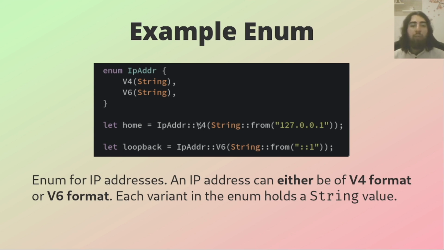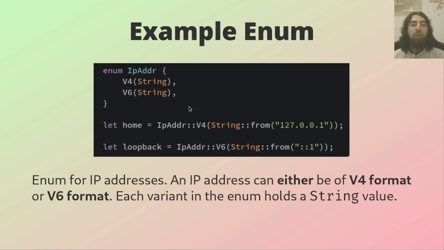So this is how we would instantiate this enum IP address. We are accessing the name of the enum, double colon, and then the name of the variant, in this case v4, then providing it a concrete value. I hope you noticed the difference. In a struct we would have provided concrete values for each field.